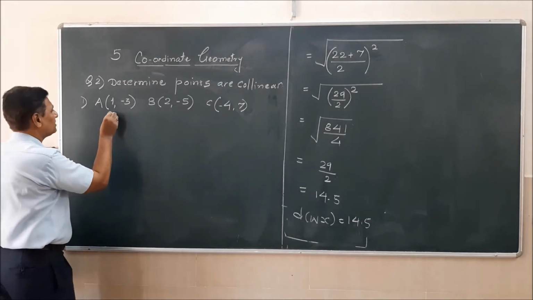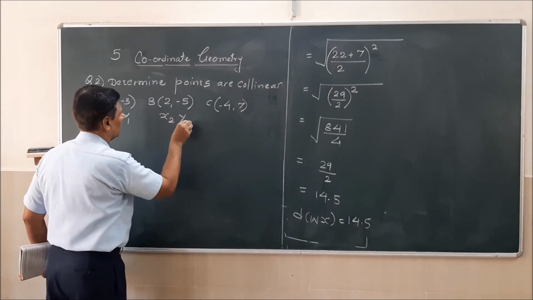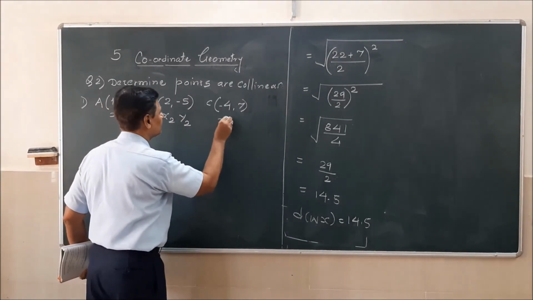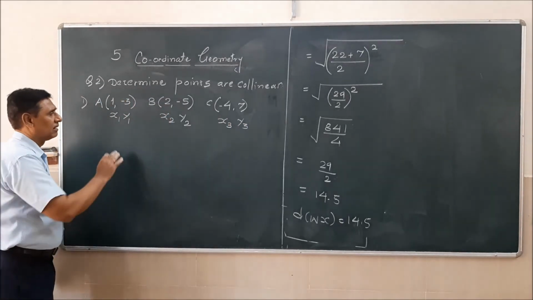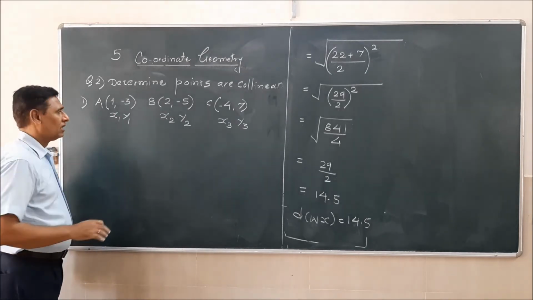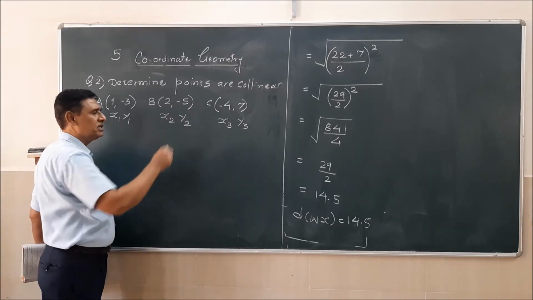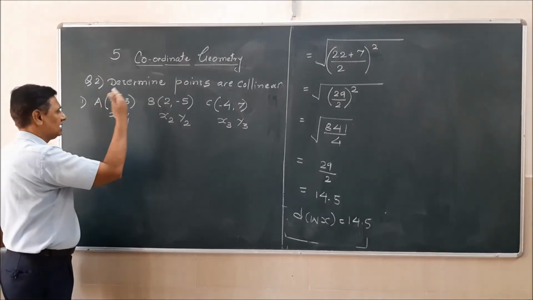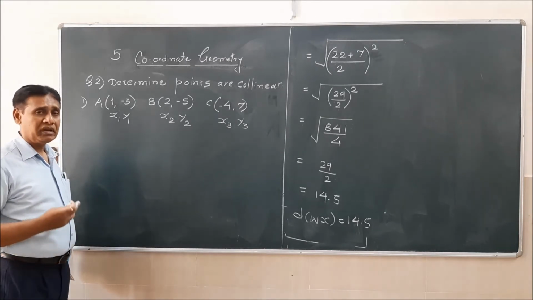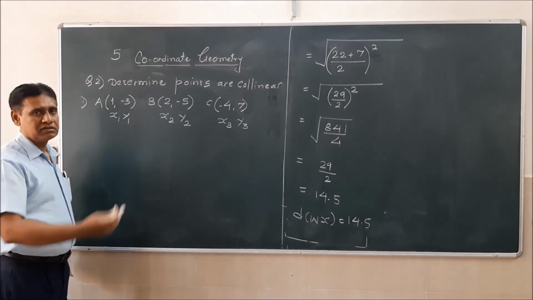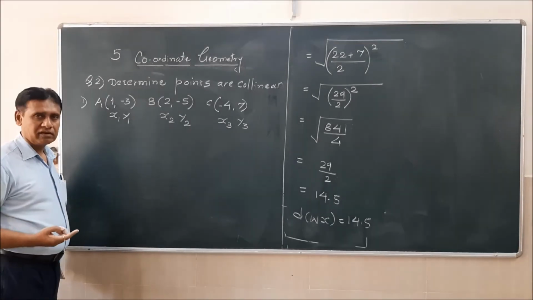I will label them as x1, y1, x2, y2, and I label the coordinates of C as x3, y3. Try to understand, I have labeled them in a different manner. Now I'll find the distance AB, the distance BC, and also AC, and then I will verify whether the sum of the distances between any two is equal to the distance of the third one. Then I will conclude whether the points are collinear or not.